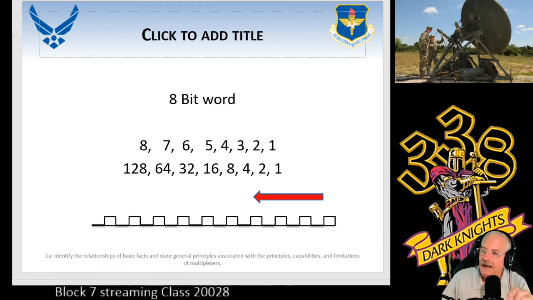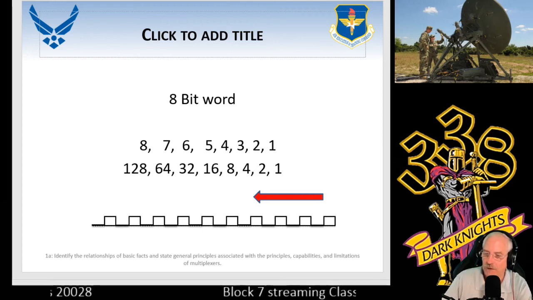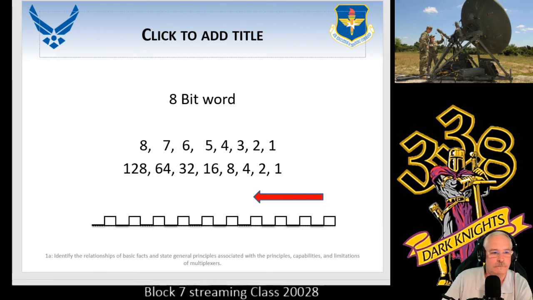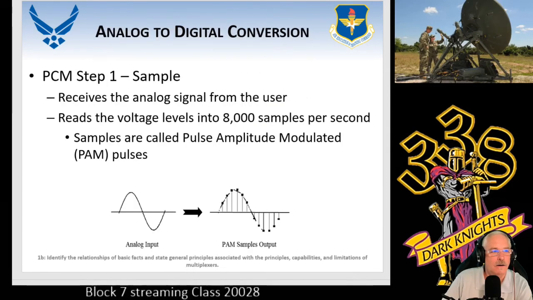But you look at an 8-bit word. If you were to add 1 through 64, you would get 127. Okay, well that would explain the 127 numbers that we get, but what about the difference between negative and positive? I said an 8-bit word, well we're missing 128. Let's go take a look.